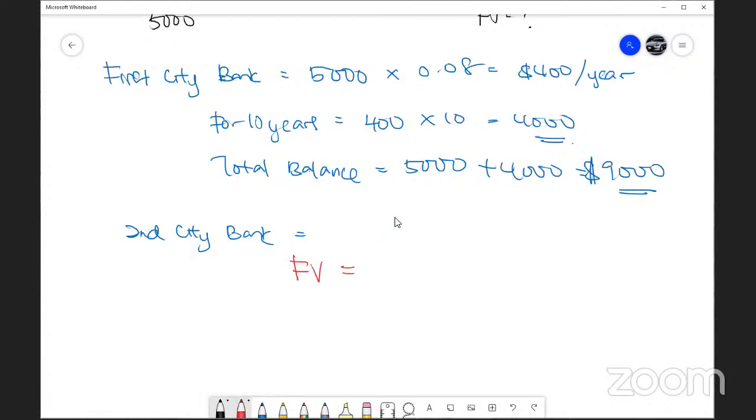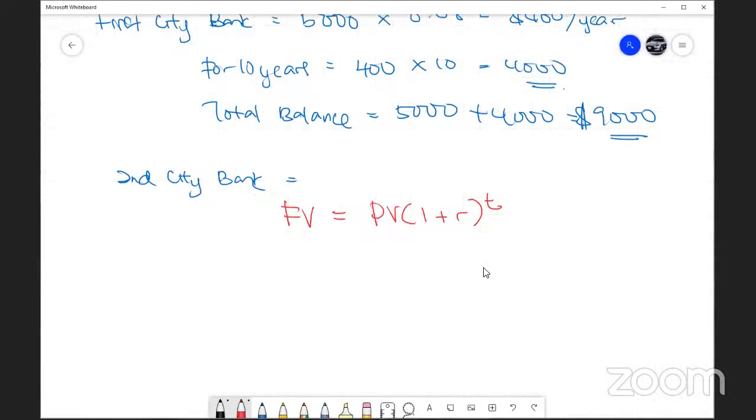FV equals PV times (1 plus R) to the power of T. Okay. The present value is given. You say that you invested $5,000. Interest rate is 8%, so 1 plus 0.08, and compounded by 10 years yearly.